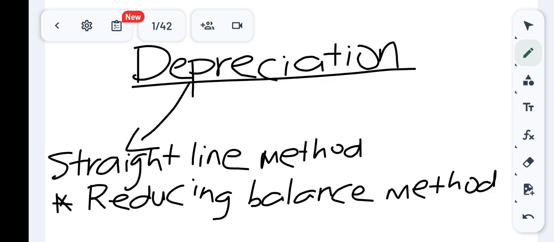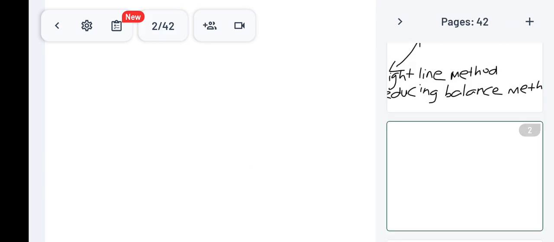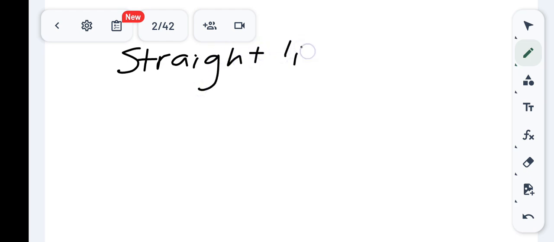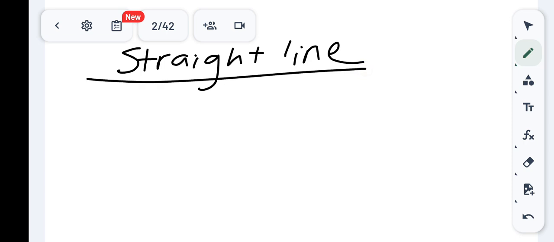Now let's talk about the straight line method, or linear method. How do we calculate depreciation according to the straight line method? It's still the same as simple interest.